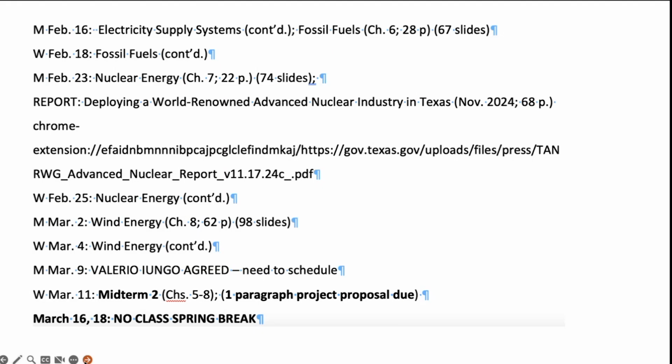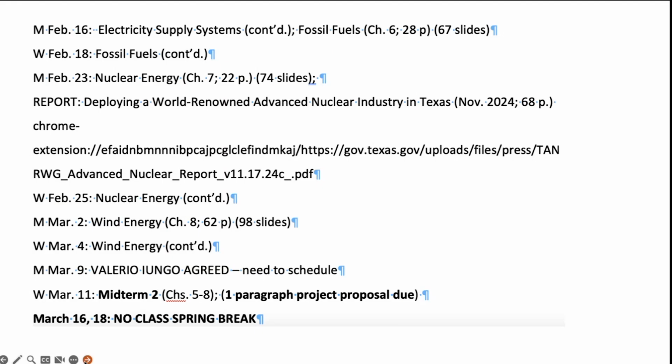But there's no future that doesn't involve a significant amount of fossil fuels in our energy creation system that we can presently imagine. So if we're serious about building and understanding sustainable energy, we have to talk about fossil fuels, but we're not going to talk about them all that much.